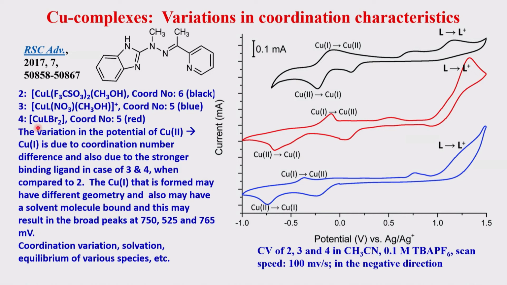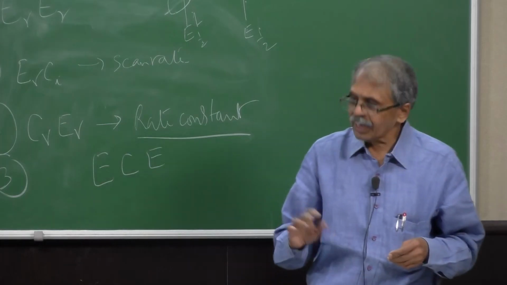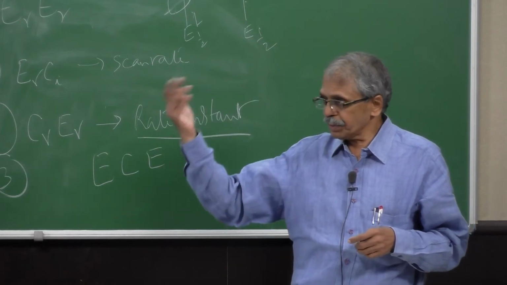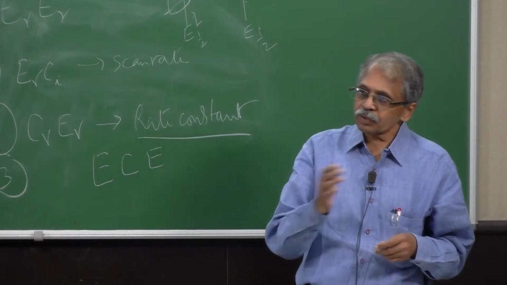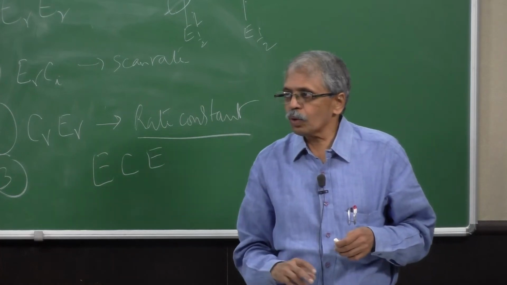And when you have 2 bromide ions instead of these anions, again 5 coordinated, but this 5 coordinated species can undergo fluxional behavior, can change to 6 with the solvent or go to 4, etc.